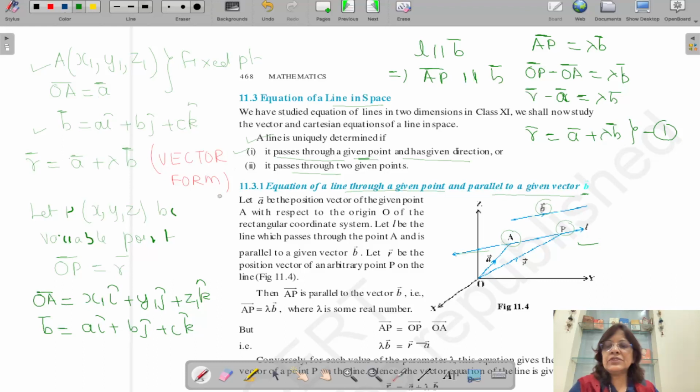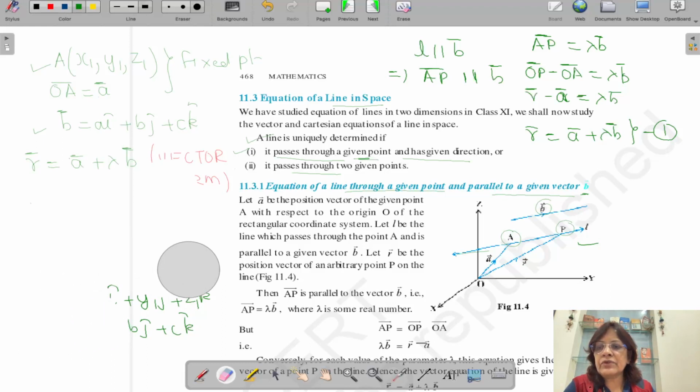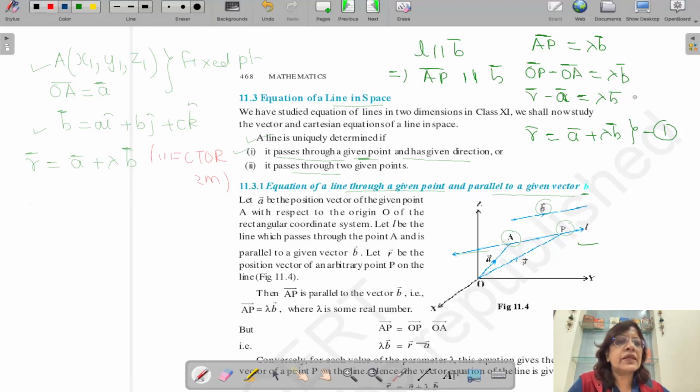Now we have to find its Cartesian equivalent also. So how do we find the Cartesian equivalent? If you look at this equation, we write it in terms of components.